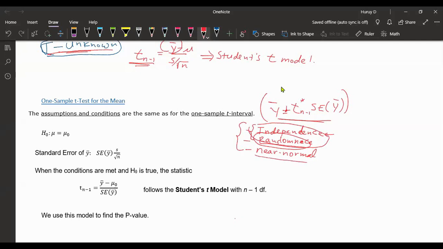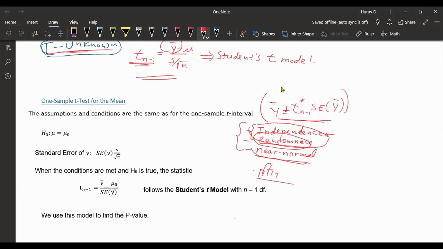And for near normal, if you have the actual data, then you can construct a histogram using the data. You don't expect it to be perfect, but if it is not too skewed, then it's good to go with this assumption or with this model.